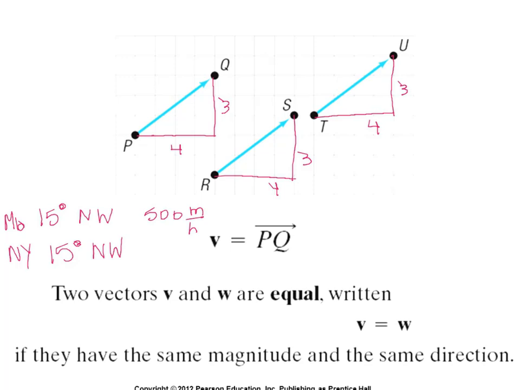I have no idea how fast planes travel, so hopefully that's about right. So we can say that those two planes, that's northeast, hold on. So northwest, say we go 15 degrees northwest, this is New York, this is Miami.